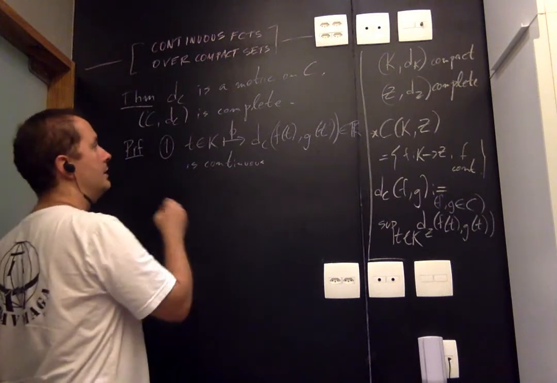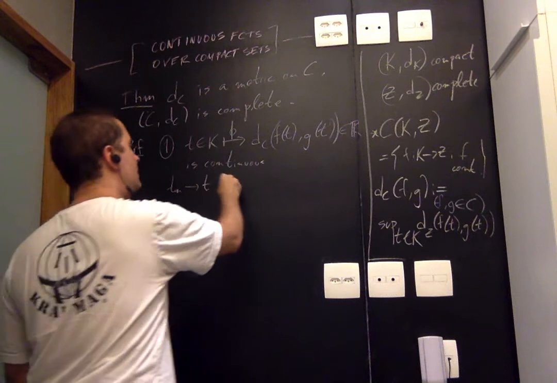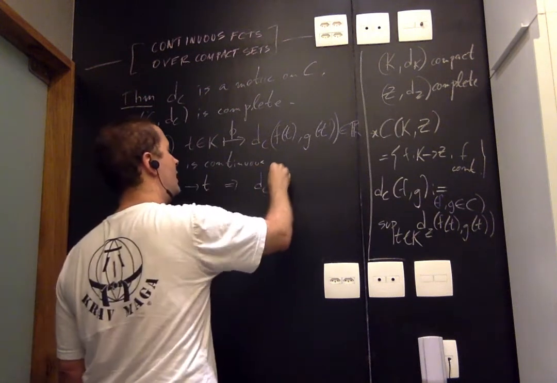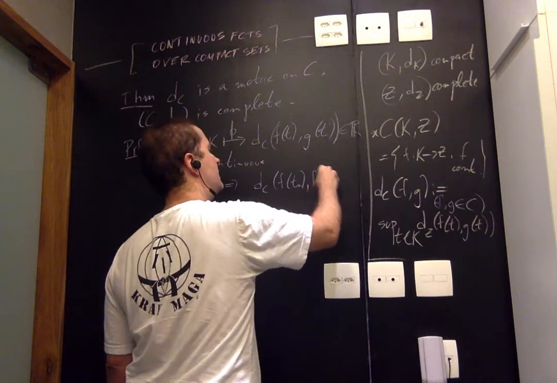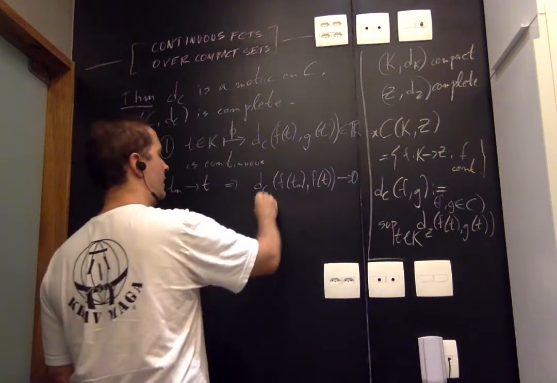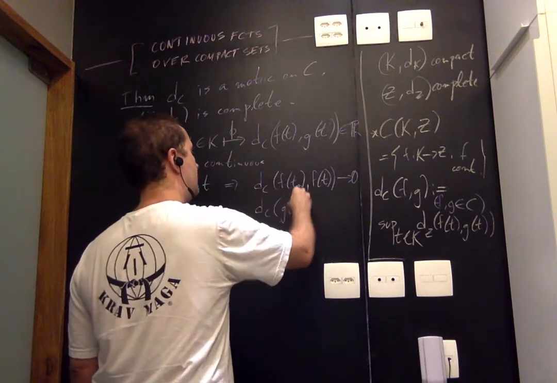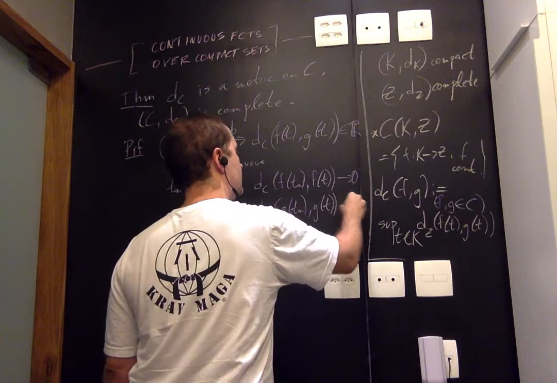Well, it really means that I want to prove that if I have t_n going to t, well, what do I have, right? I have the distance of f of t_n, f of t going to 0. I have the distance g of t_n, g of t going to 0.